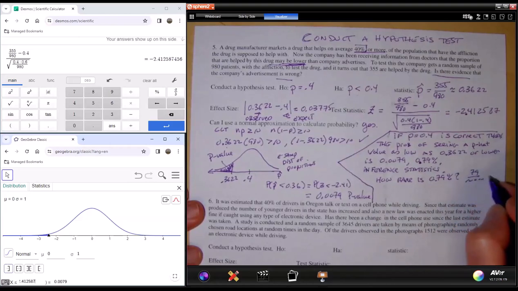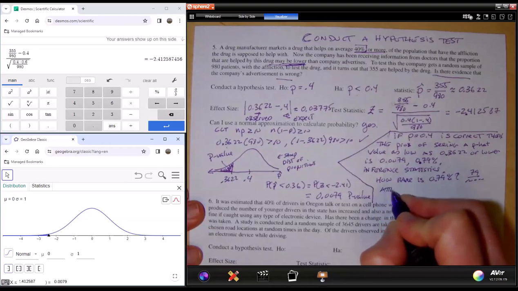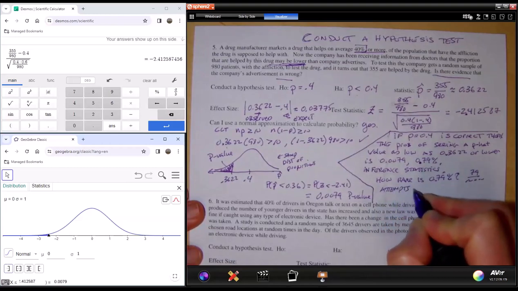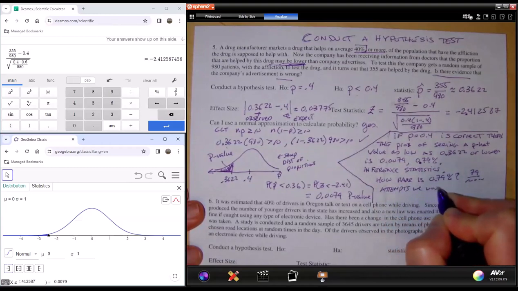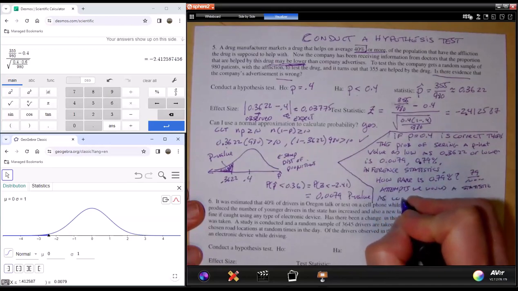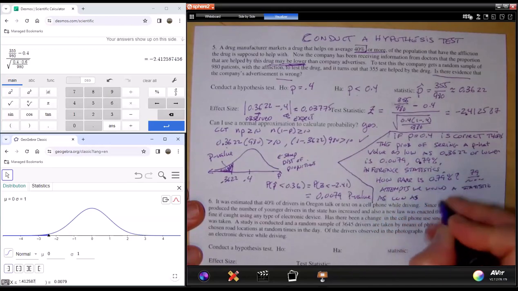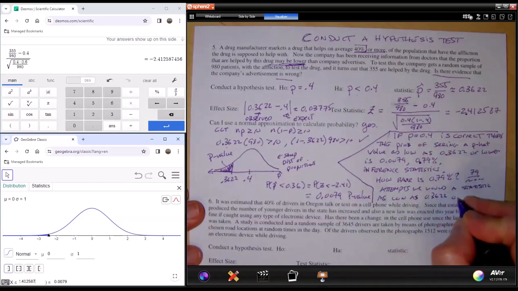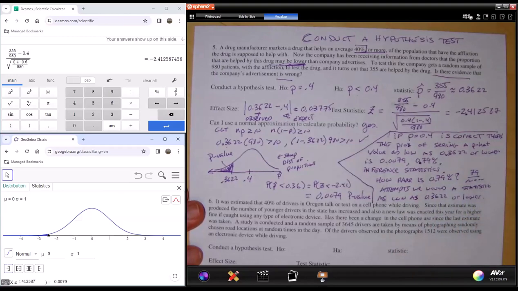In 79 out of 10,000 attempts, we would see a statistic as low as 0.3622 or lower. Again, that's all that means. So is it rare? You bet it's rare.